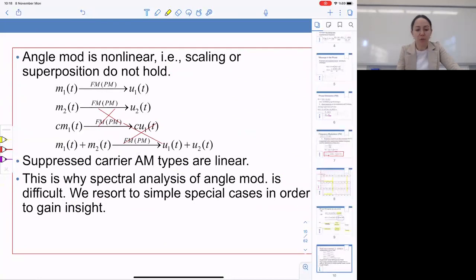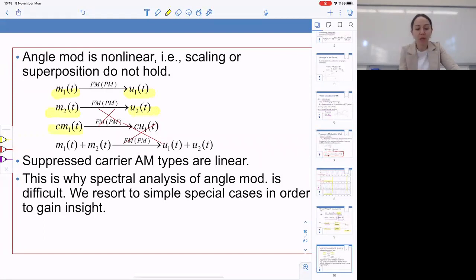So as I said before, angle modulation is nonlinear. So scaling or superposition do not hold for angle modulation. What does this mean? Suppose m1 is modulated as FM or PM, and the output signal is u1 of t. And m2 is modulated and we get u2 of t.